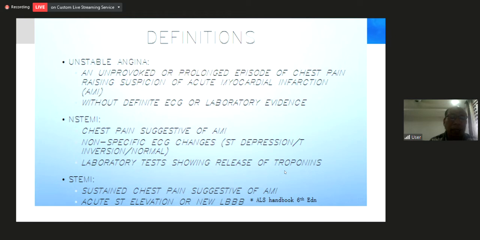Whereas in STEMI, the patient has chest pain and the ECG shows ST elevation. Sometimes in the early phase of STEMI, the patient presents with hyperacute T waves, and then the cardiac enzymes will be elevated normally after 2 hours. Okay, next slide.